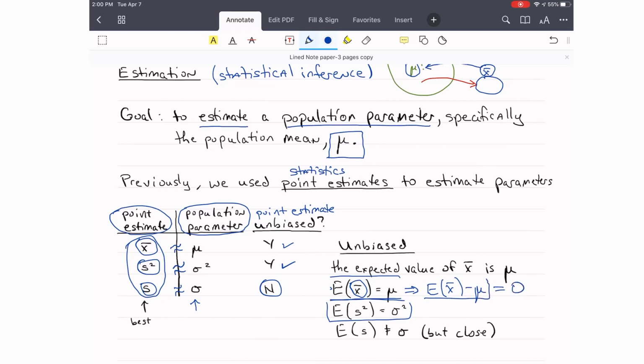This quantity, the expected value of the statistic minus the population parameter it's estimating, is equal to a number. If it's equal to 0, then X bar in this case is unbiased.